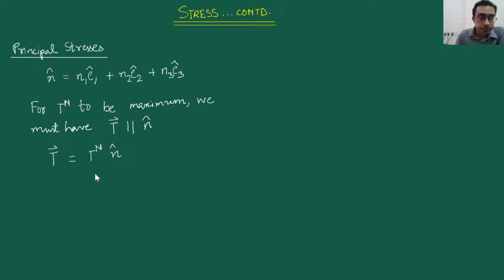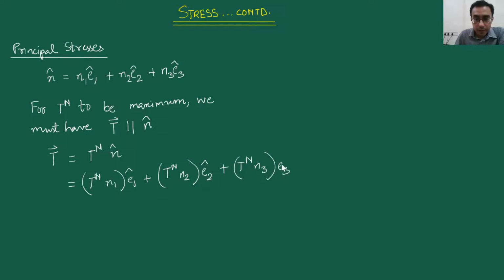So if we expand it out a little bit, it will be Tn n1 e1 hat plus Tn n2 e2 hat plus Tn n3 e3 hat. So this is one way of representing it.